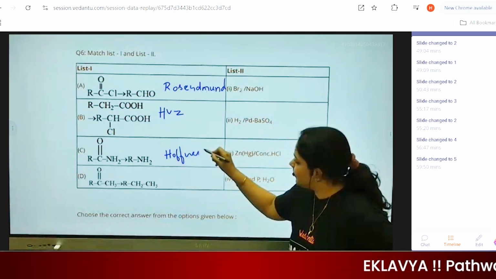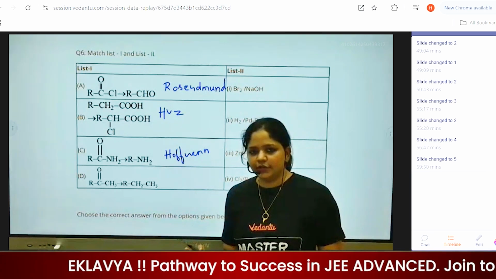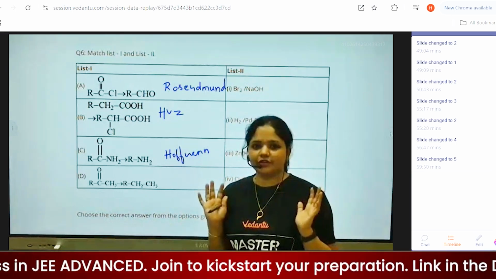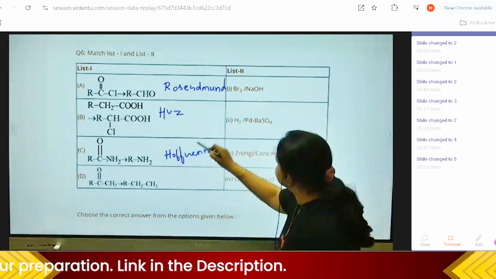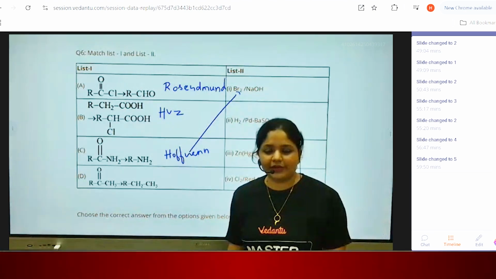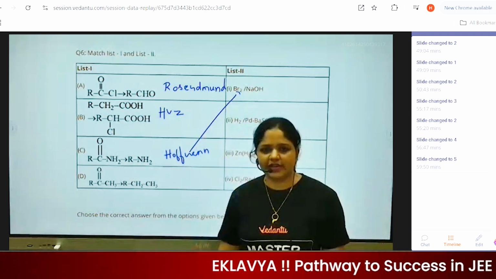For these kinds of questions, whichever you know first, write that one down. As soon as I saw this, I was very sure that it is Hoffmann's bromamide reaction. I have fixed it. I might know the others or not, but I was 100% sure that C1 is the option I have selected.